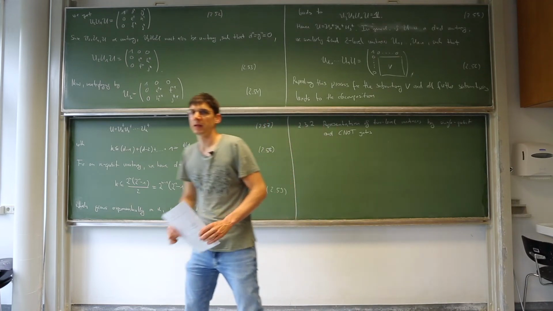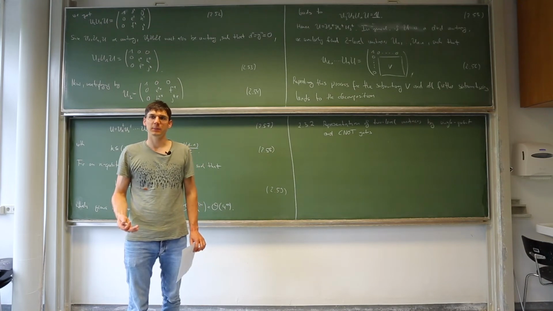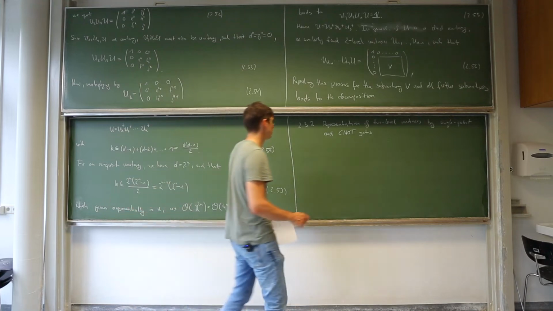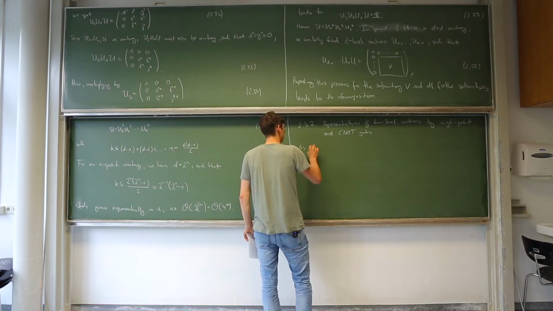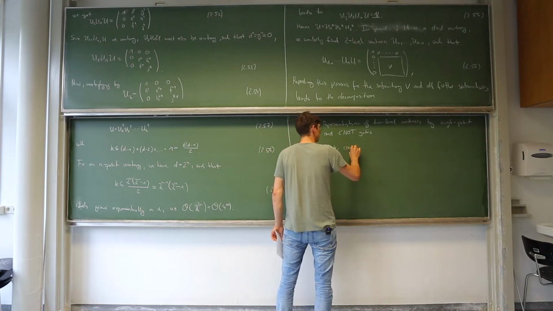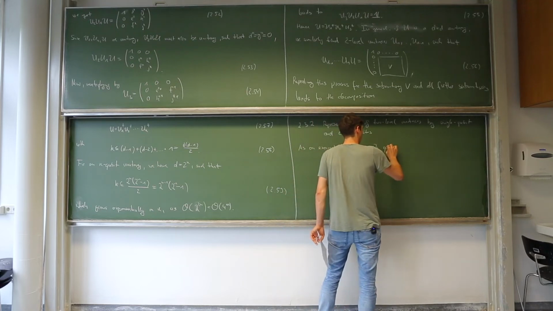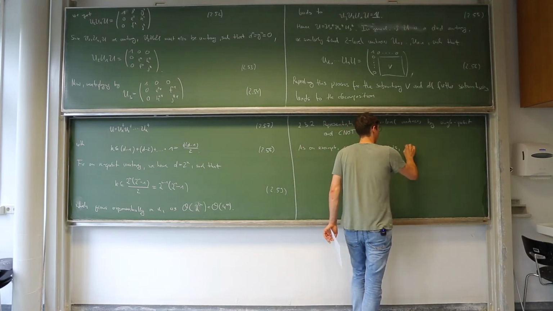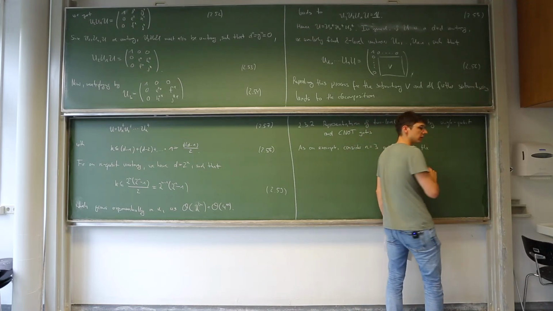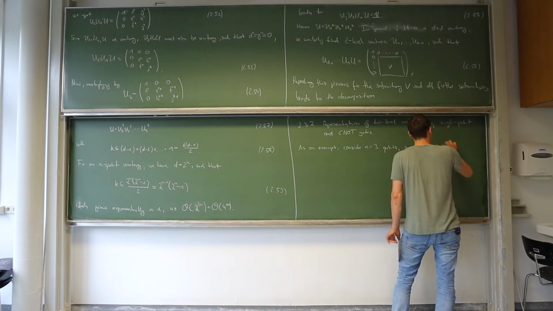So again, I'd like to present the essential idea with an example. And as an example, let's take 3 qubits, such that the dimension of such a two-level unitary is d equal to 2 to the power of 3, which is 8.